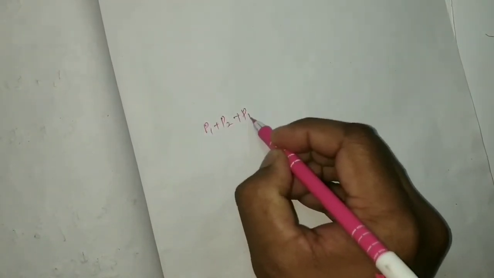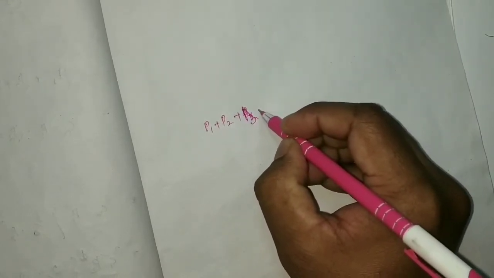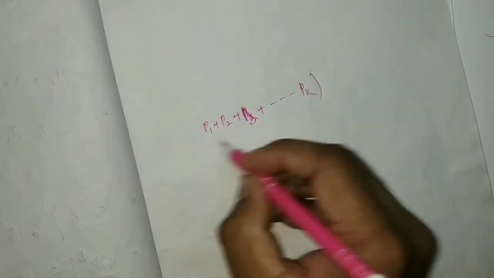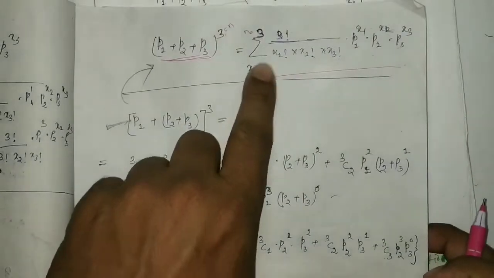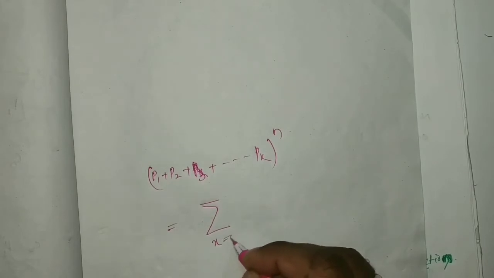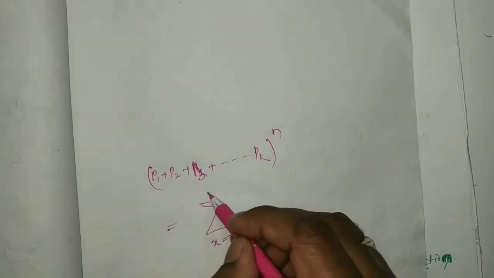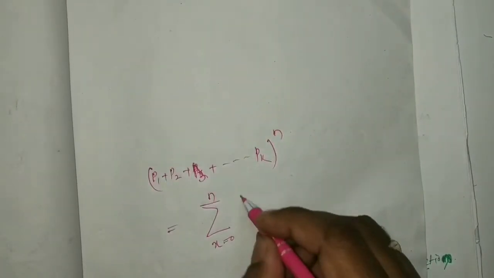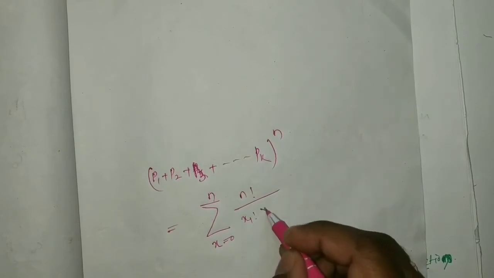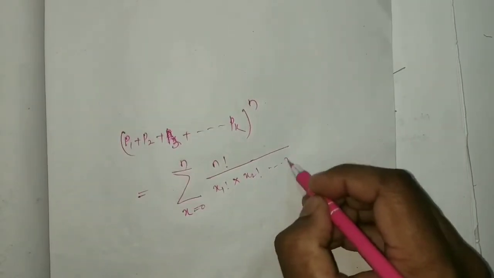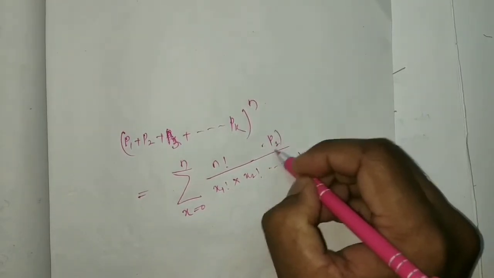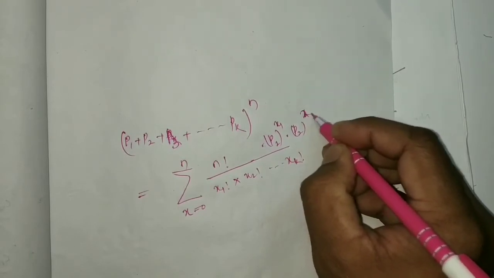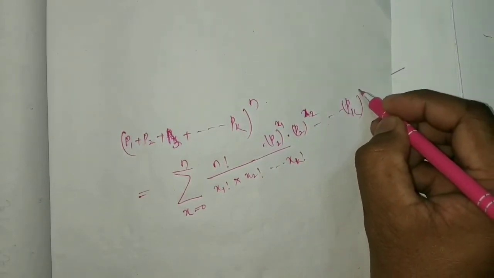Okay, likewise in general we can easily write that (p1 plus p2 plus p3 plus so on pk) to the power n is nothing but the sum over x equal to 0 to n of n factorial by x1 factorial into x2 factorial up to xk factorial into p1 to the power x1, p2 to the power x2, so on, pk to the power xk.